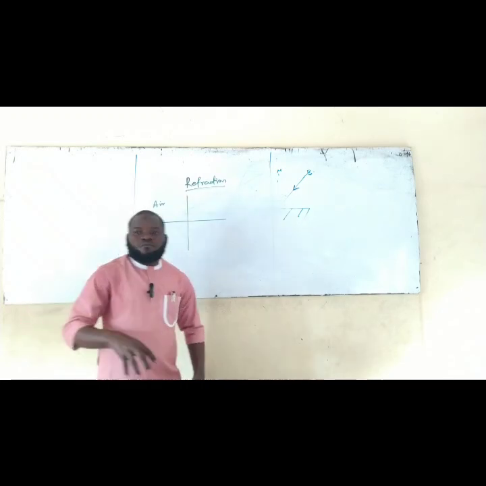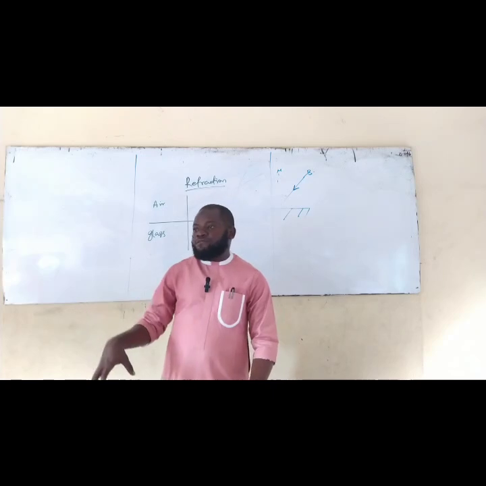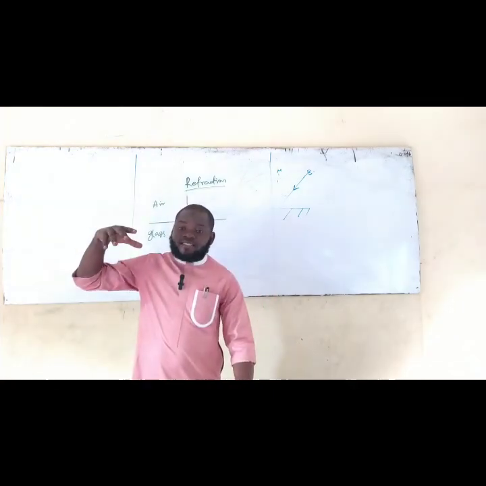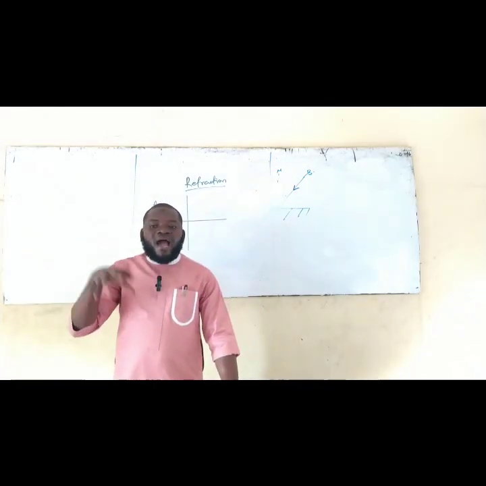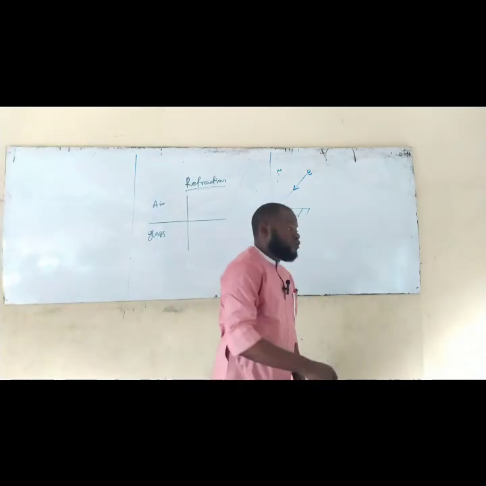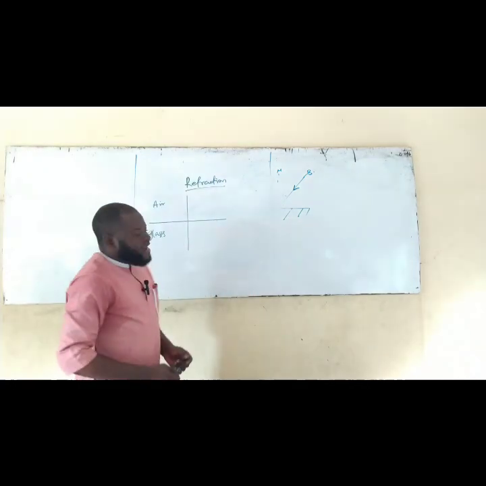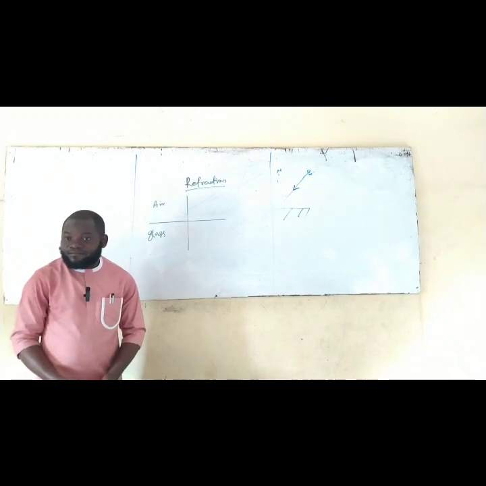What really determines the refractive index of a medium is the density of the medium. When a medium has a very high density, are you getting it now? Its refractive index tends to be high. When a medium has a low density, the refractive index of that medium is said to be low. Are we together? So when you compare glass and air, of course, which one is denser?